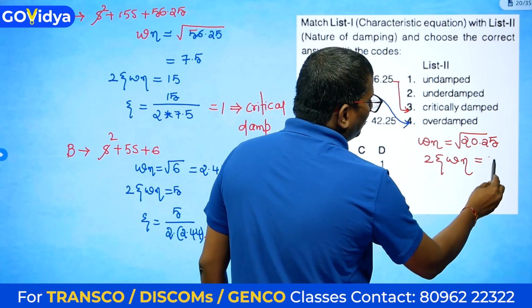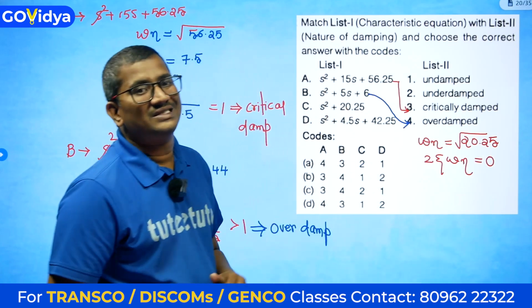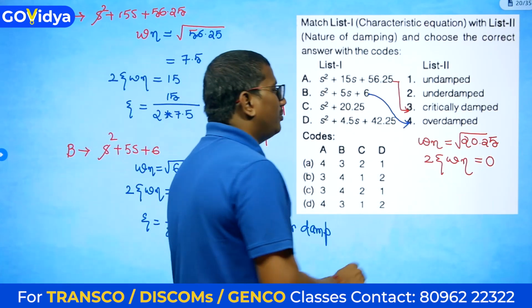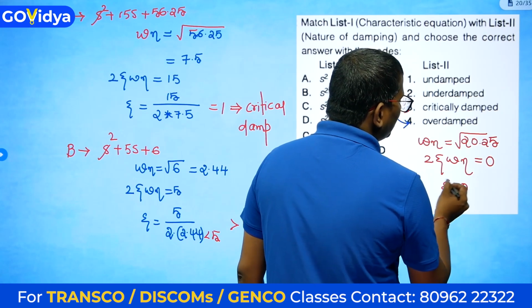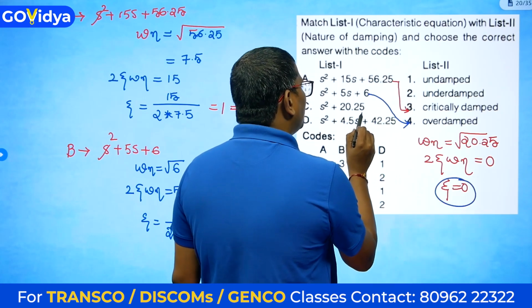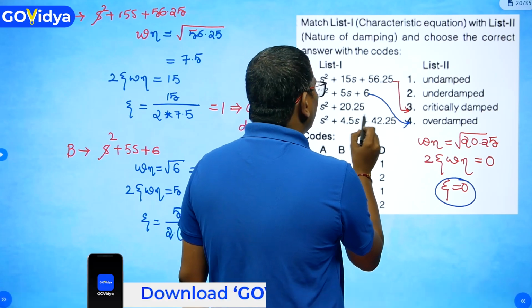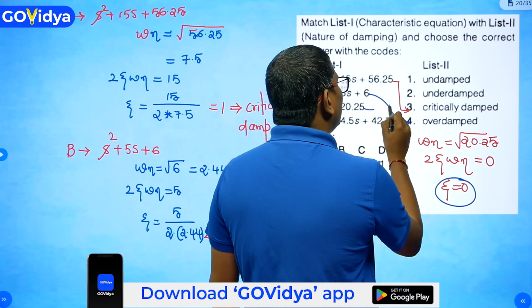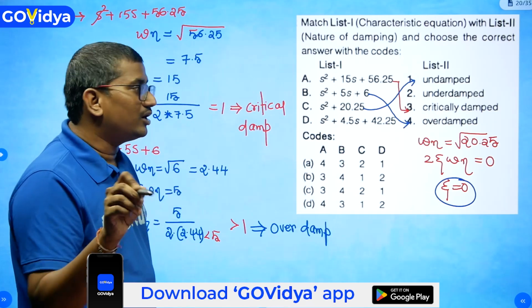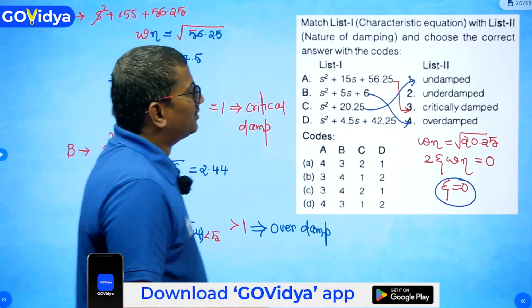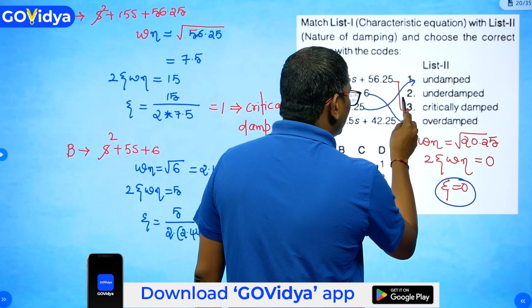The coefficient of S is 0, no coefficient of S is there. So obviously zeta is going to be 0 since omega n is not 0. So therefore zeta equals 0 means undamped. We know that undamped means oscillations will be there continuously. And what else is left? Obviously underdamped, this one only.